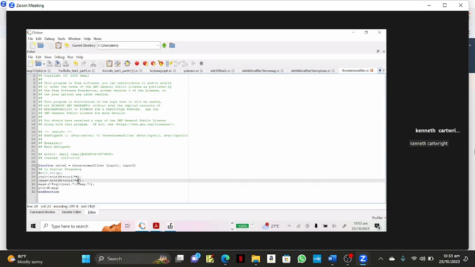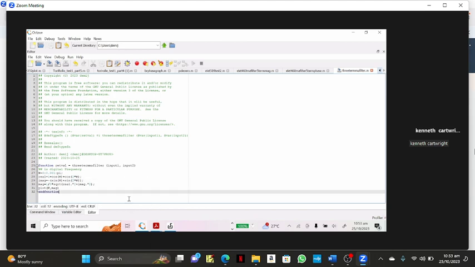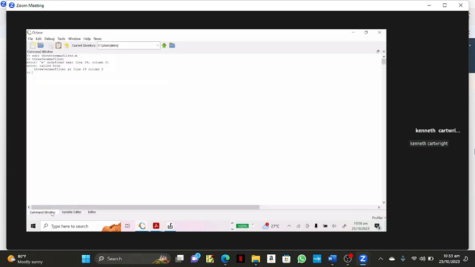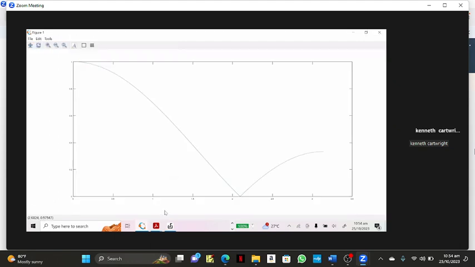Yes, I did lowercase right here. That's a problem with Octave. It's case sensitive. PSpice is not case sensitive. See there?